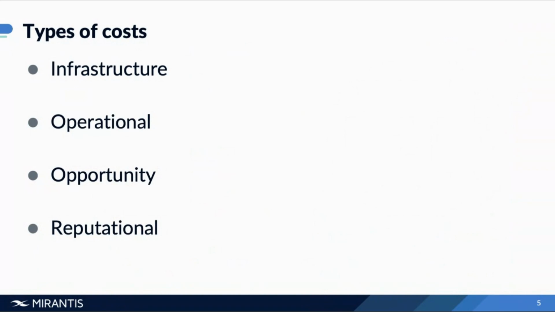And that really comes with how the end consumer or the exterior customers view the company because of various different activities that may or may not occur from the management of the Kubernetes clusters. And I'll go into that in a bit more detail later on as well. So we'll break down these four types of costs, what I mean by those, and also we'll look at how we can manage some of those as well.